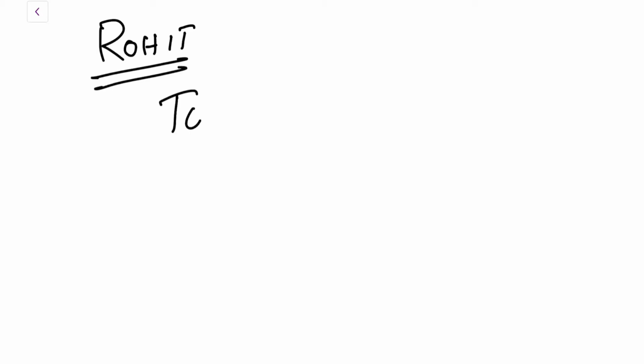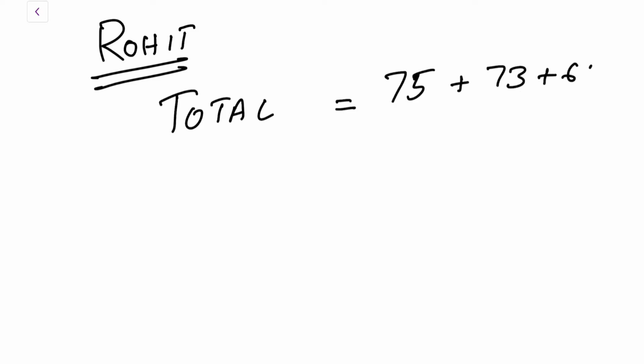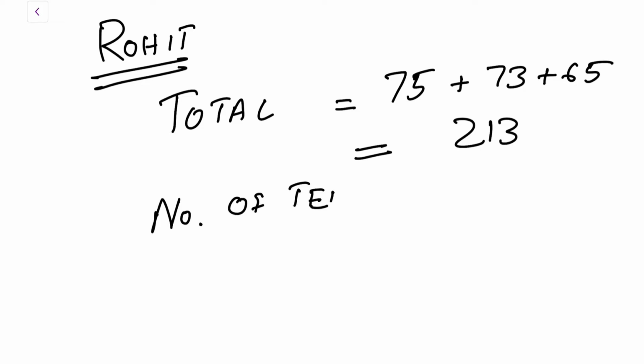So, for Rohit, what is his total marks? They said he scored 75, 73 and 65. If you add up all the 3 marks, you get the total, that is 213. But for how many terms? He scored these 3 marks for 3 terms. Therefore, what is his average?